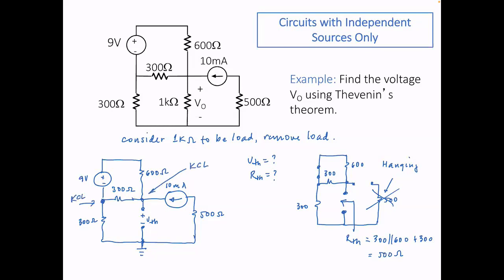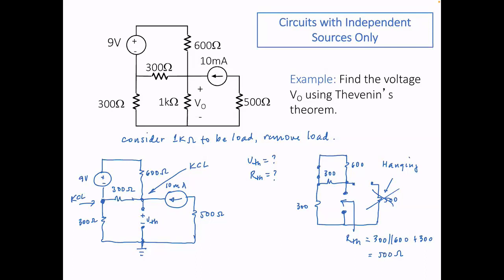So you come up with two equations in two unknowns. Note that usually you use nodal analysis when you want to compute many quantities in your circuit. But in this particular case, we only want to compute VTH.